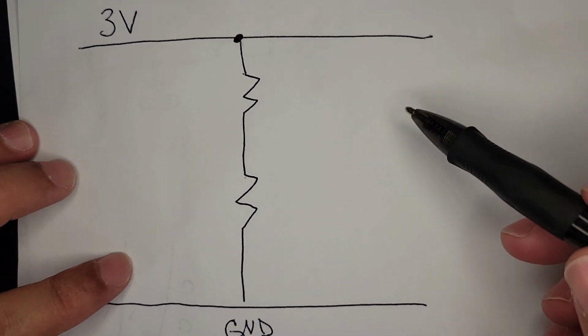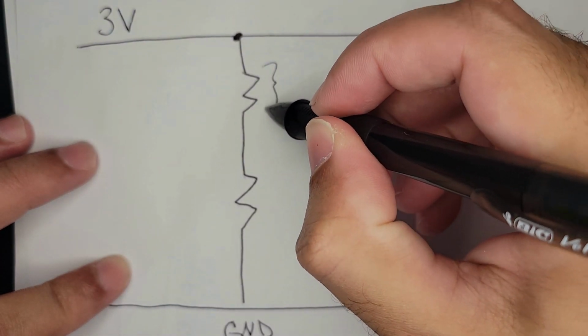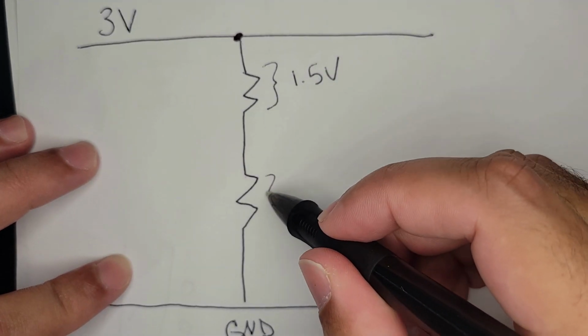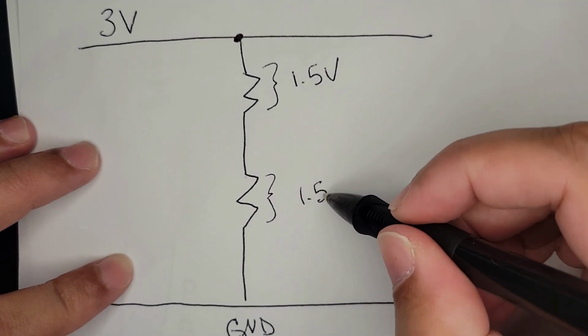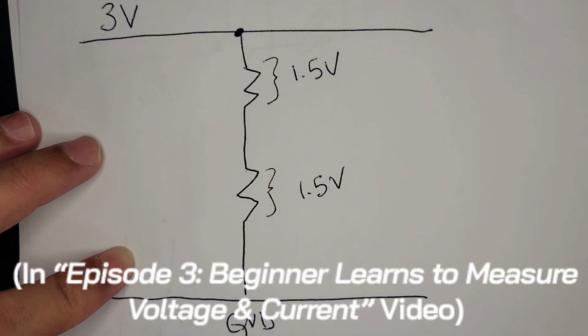In this case, assuming these are the same, this guy will get 1.5 volts, and this guy will get 1.5 volts. That's what we saw from our test, and that's what Leonardo said would happen.